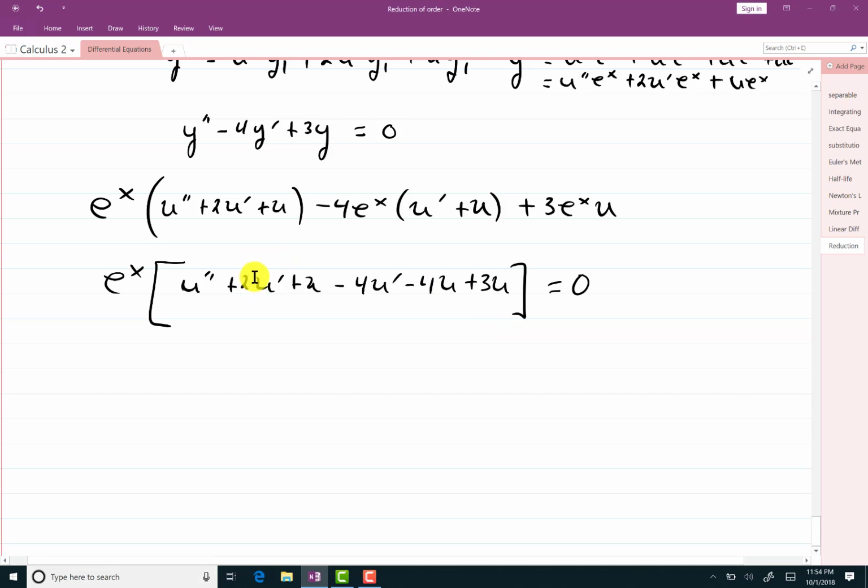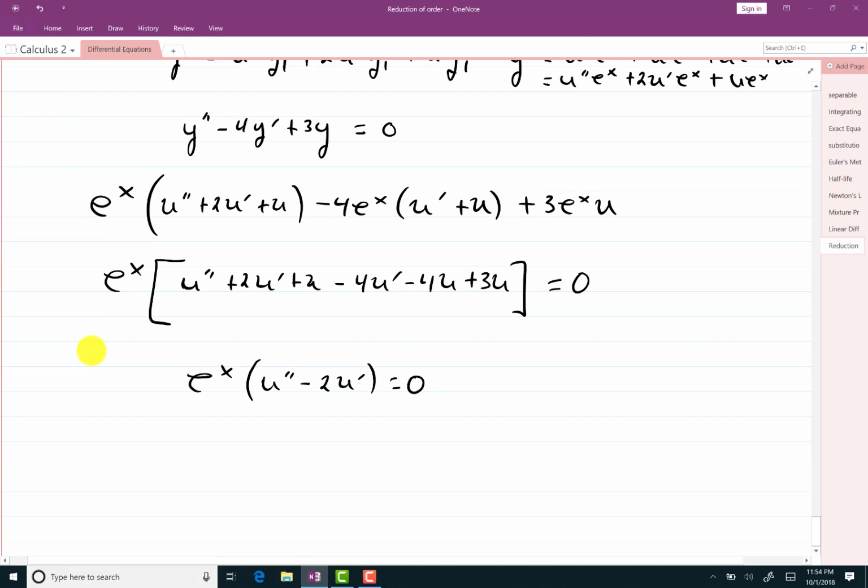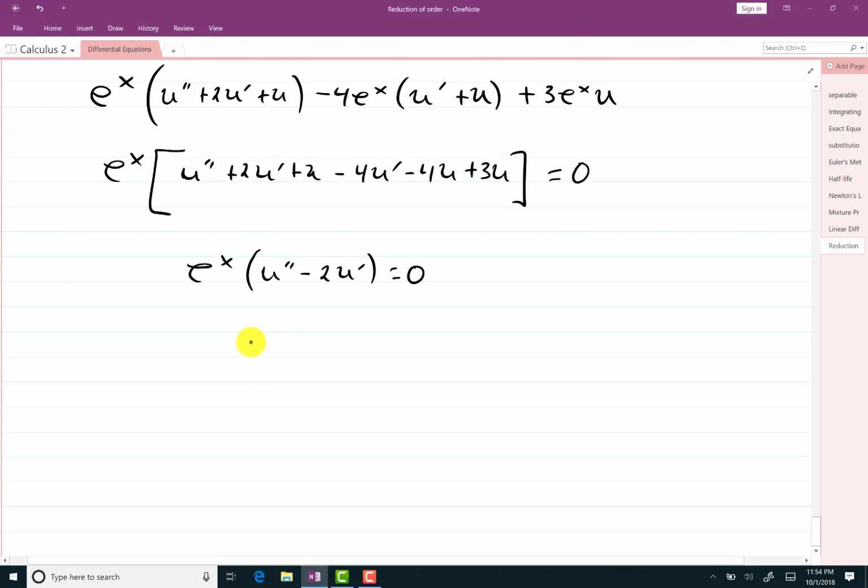And my u primes, I have negative 2u primes, so I got e to the x times u double prime minus 2u prime equals 0. Obviously, divide through by e to the x, and we're left with solving u double prime minus 2u prime equals 0.